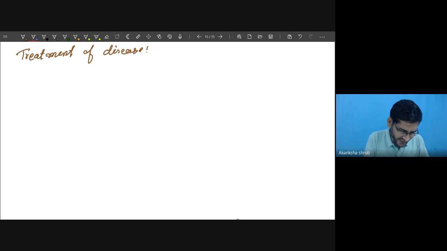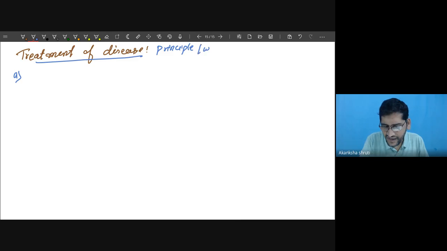So two things are always given for the treatment. What is the principle of this treatment, or way of treatment of disease? The first one is reducing the effect of the disease.